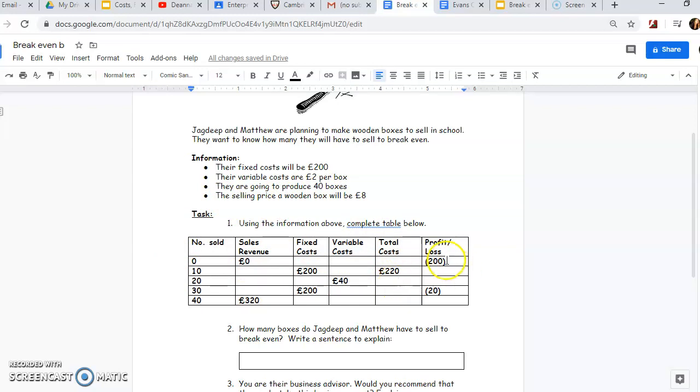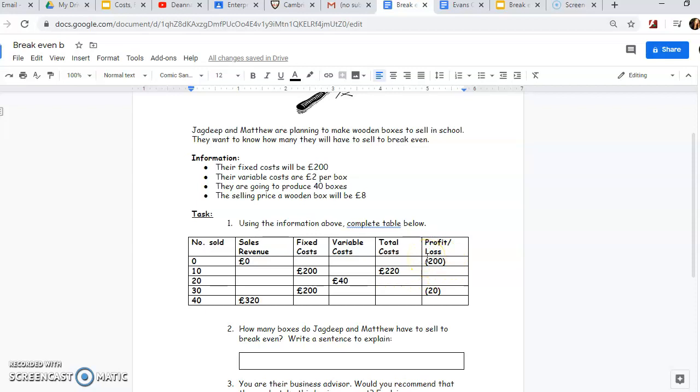Now, when you see a number, whether it's profit or loss, in brackets, that is just another way of saying that it's negative. So if I was to say that they make a loss of minus 200, in these kinds of problems, instead of writing minus 200, you just put it in brackets.